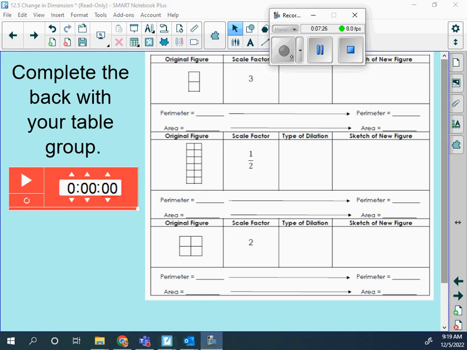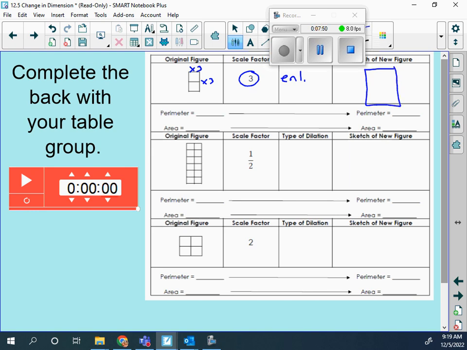Okay. Look, when we have a scale factor of 3, we know that that's an enlargement, right? What that means, though, is each dimension needs to be getting multiplied by 3. So if it was a 1/2, well, the 1 now becomes what? 3. And the 2 now becomes what? 6.